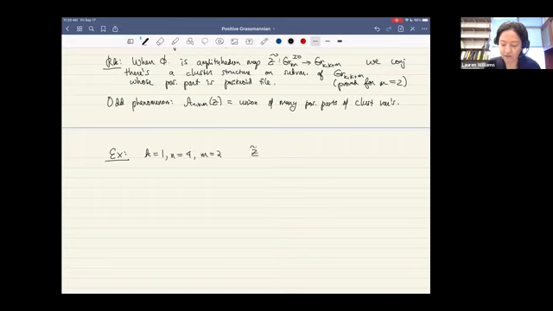Our amplituhedron map goes from the positive Grassmannian of 1-planes in 4-space onto this amplituhedron, which lies in the Grassmannian of 1-plane in 3-space, also known as projective space of dimension 2.